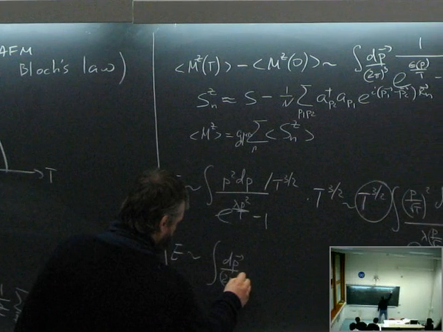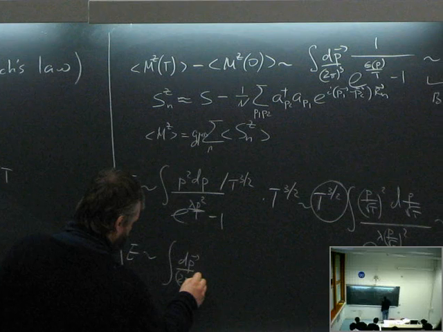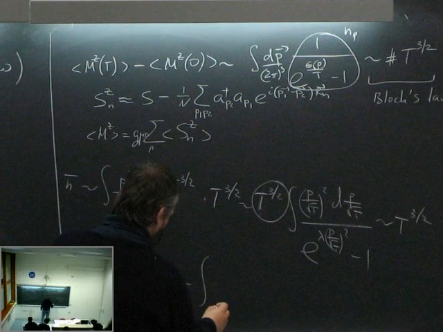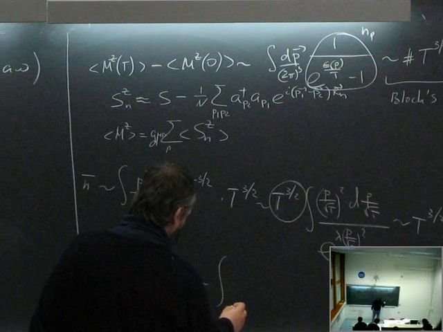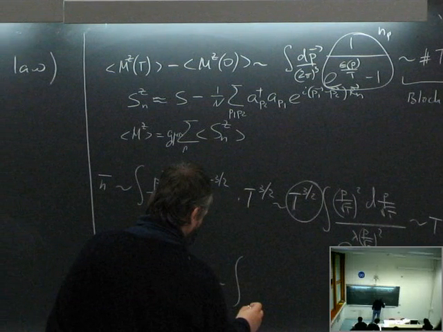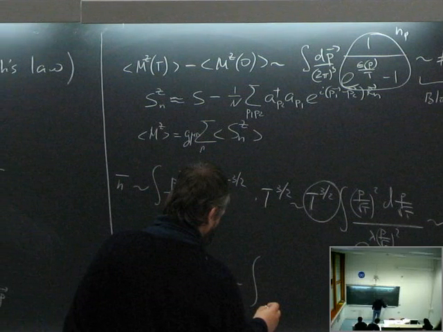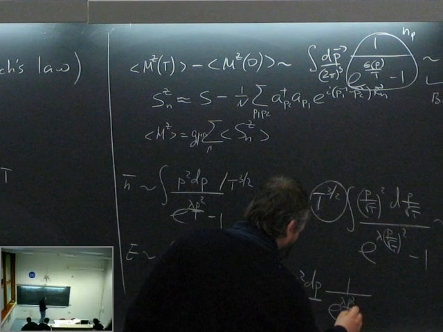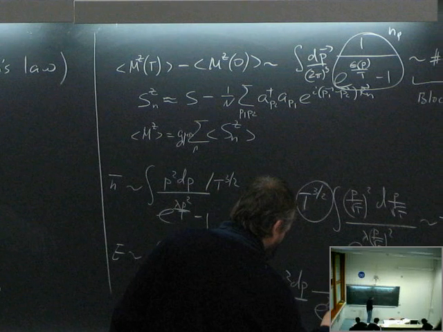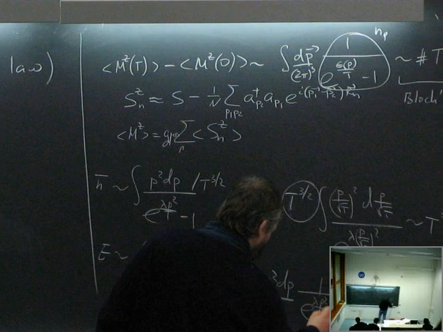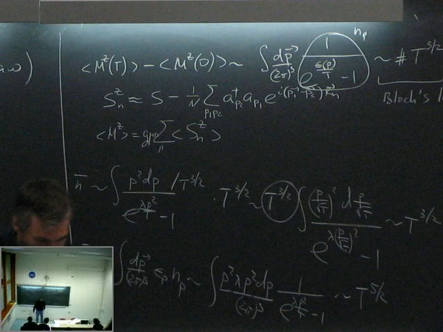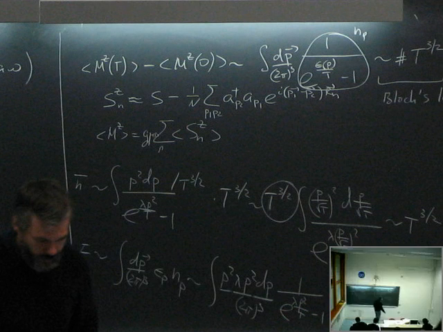So this is np, and magnons are characterized by zero chemical potential. So estimating this integral, since epsilon p is lambda p squared, it's p squared lambda p squared dp over 2 pi cubed, and here there is a Bose distribution function, e to the lambda p squared over temperature minus 1. So you see that in order to make this integral dimensionless, one needs to multiply it by temperature to the power of 5, because I have 5 powers of momentum in the numerator, and the remaining integral is dimensionless.